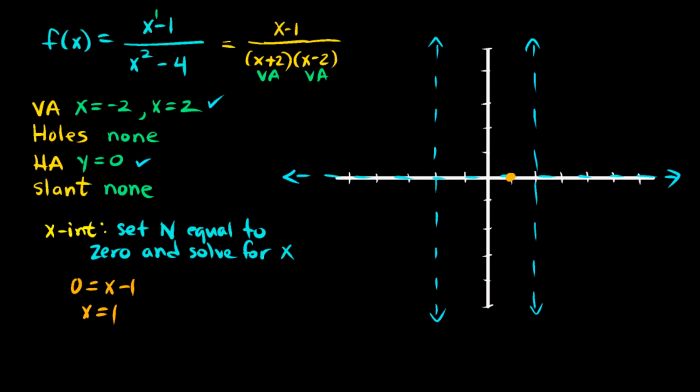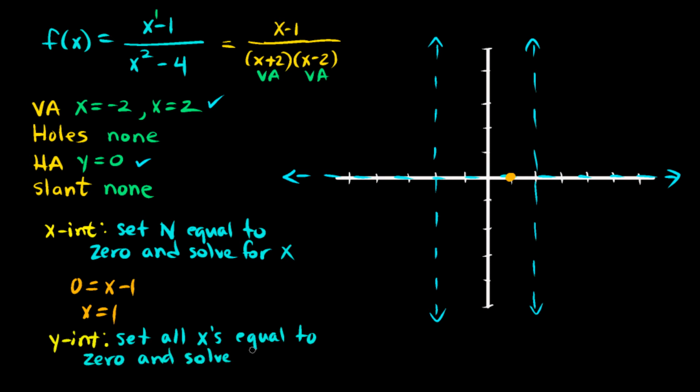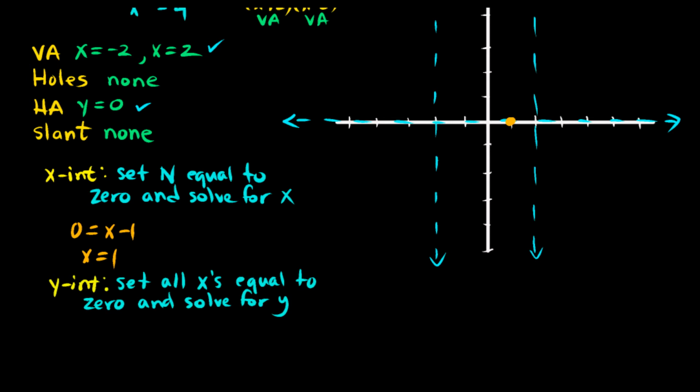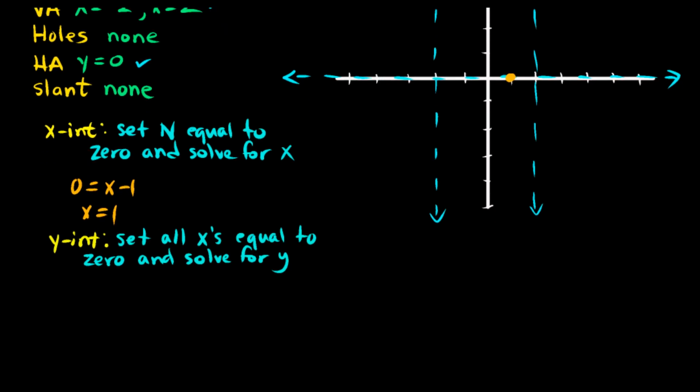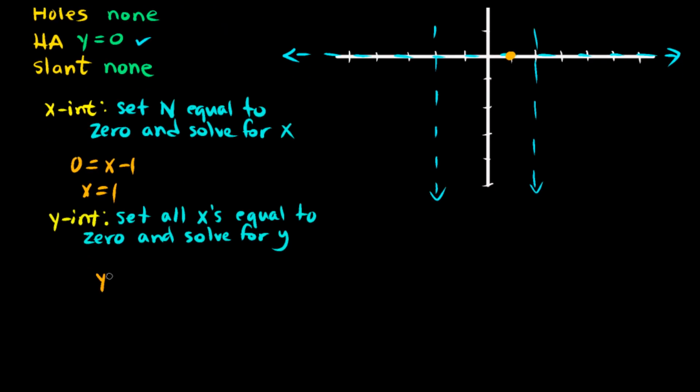Now let's look at the rule for the y-intercept. For the y-intercept, you set all x's equal to 0 and solve for y. So for this one, I would have y equals, I'm going to set x equal to 0.